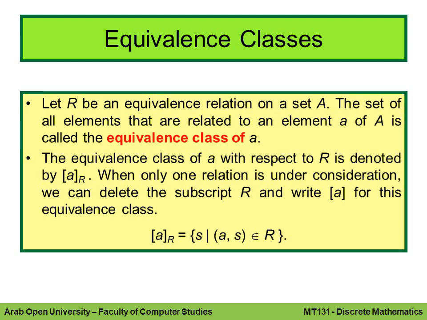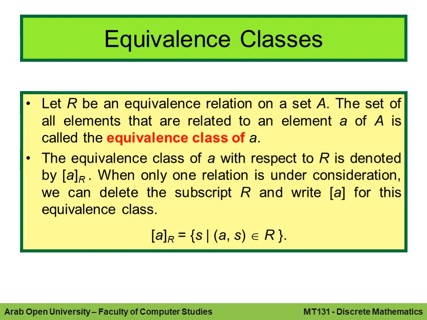This is the set of all elements related to a. We write it in brackets and write the name of the relation. This indicates the equivalence class of a. By definition, the equivalence class of a will be all s such that a is related to s. These are all the elements that are related to a. This is called the equivalence class of a.